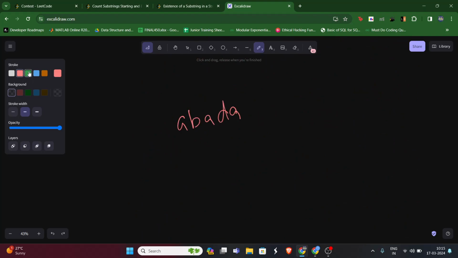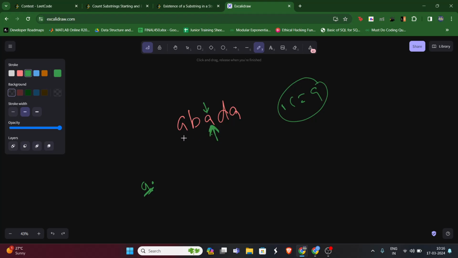Realize one thing. Suppose I want to know how many substrings there are which start with A and end at this A, because here C is equal to A, that's why we are talking about it. That is simple.